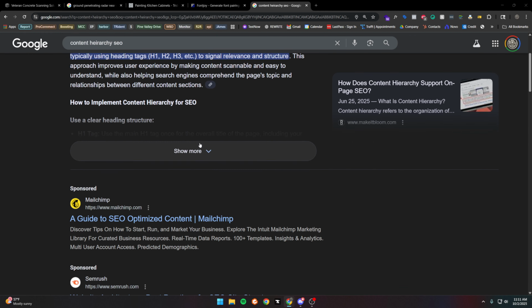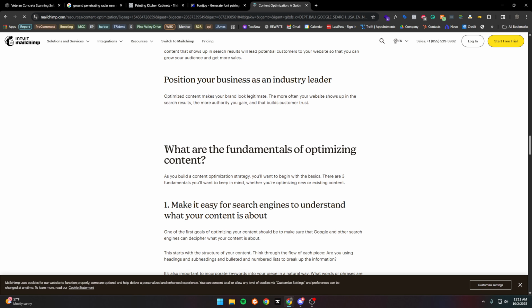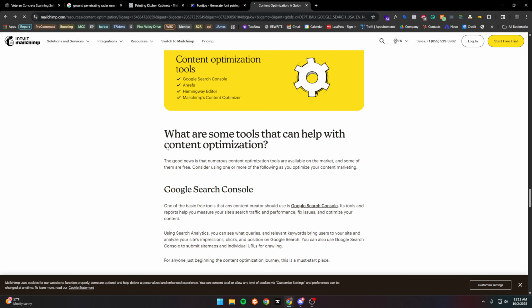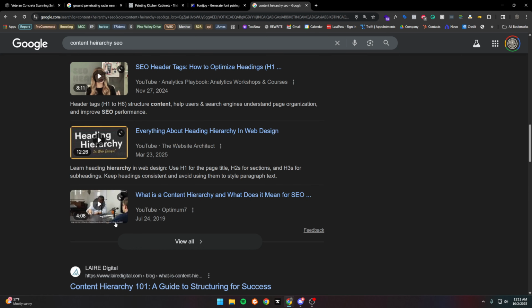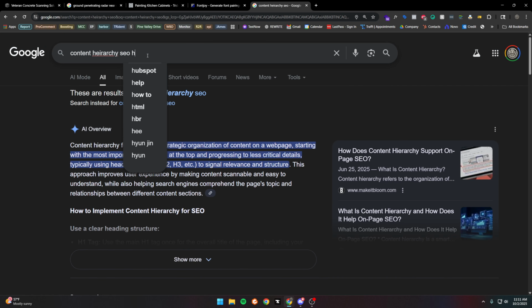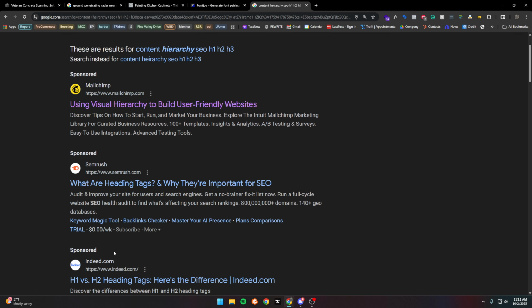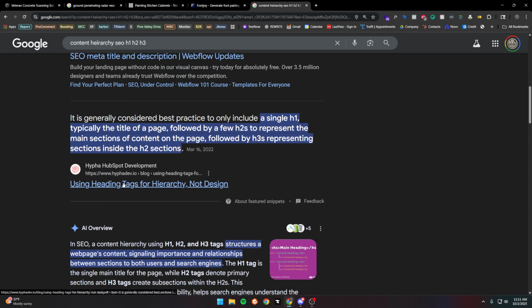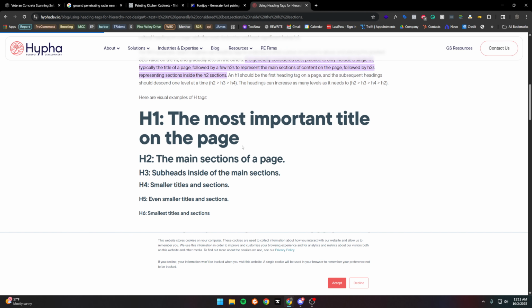Any one of these should show you how to properly structure content hierarchy. What I mean is H1, H2, H3. Yes, H1, the most important title on the page.